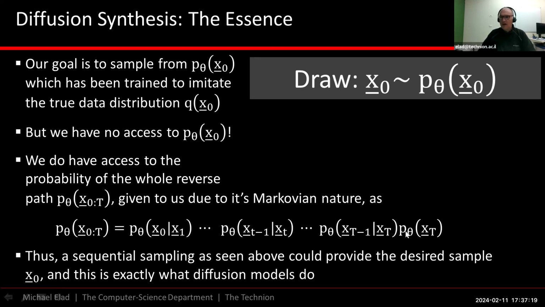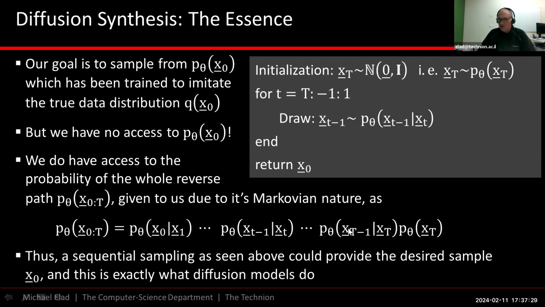So this is something we relied on, and now I'm going to use it once more in a more delicate way. So let me remind you what diffusion algorithms in general are all about. This is what they do according to this equation. You start by drawing at random xt, x capital T, and then you run downwards this expression, this conditional, and you keep drawing at random one vector at a time given the previous one that was sampled.